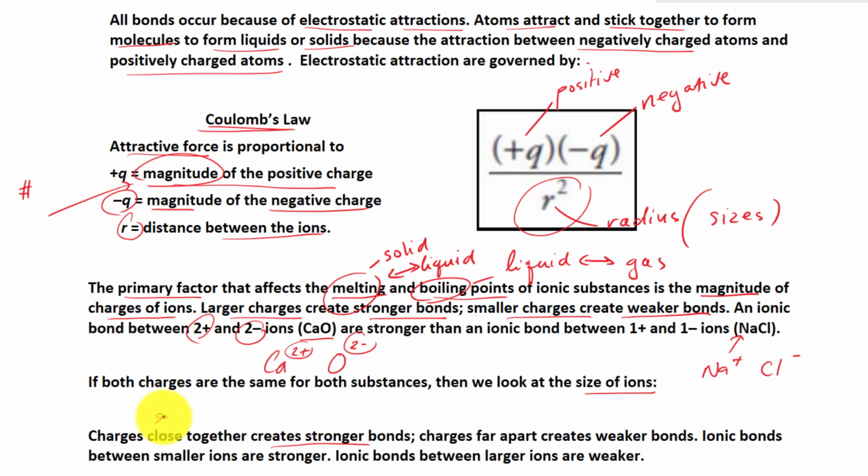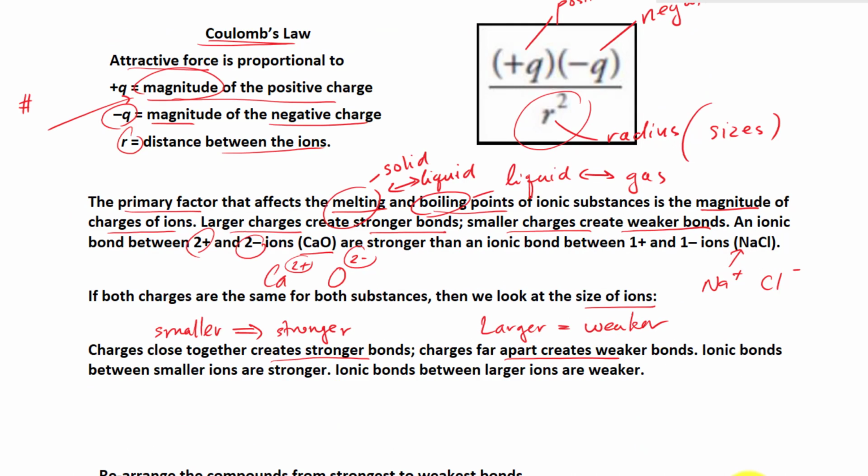That means smaller equals stronger, because the distance between them is closer. Whereas charges farther apart create a weaker bond, and that tells you that larger compounds would be weaker, okay? So ionic bonds between smaller ions are stronger, whereas ionic bonds between larger ions are weaker.